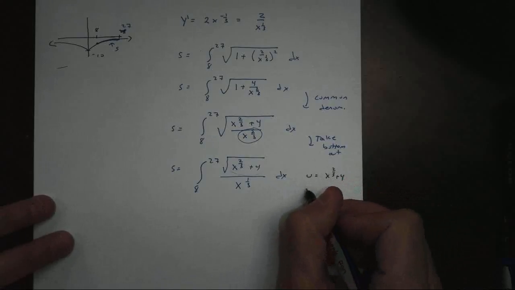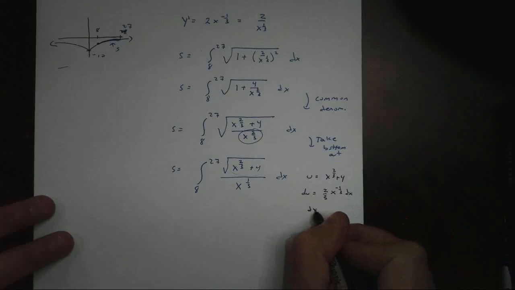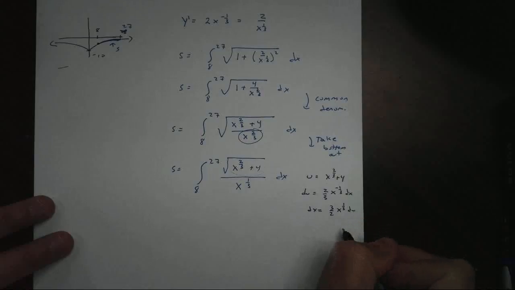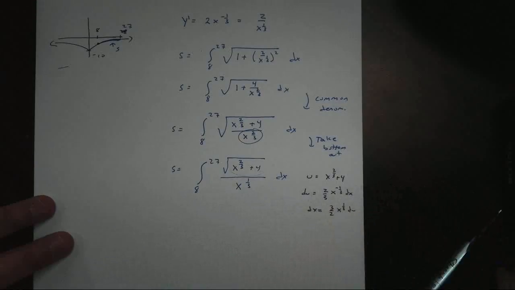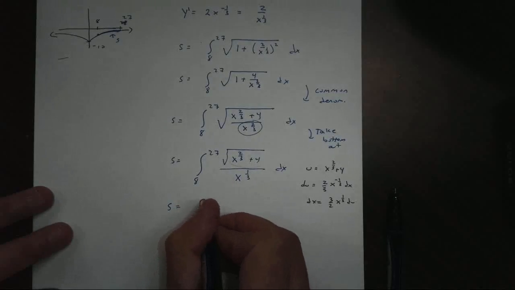So, because now if I take the derivative, this becomes 2/3 x to the negative 1/3 dx. So dx equals 3/2 x to the 1/3 du. And if I plug that in now, 8 to 27, matter of fact, I'm not even going to plug those in yet.